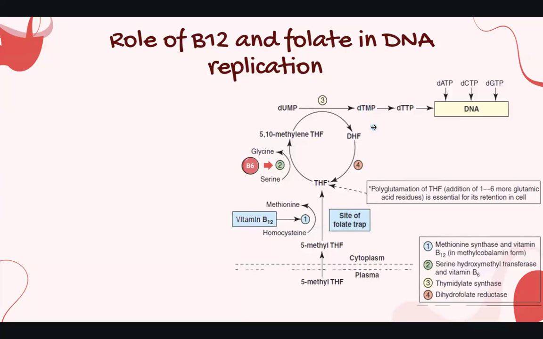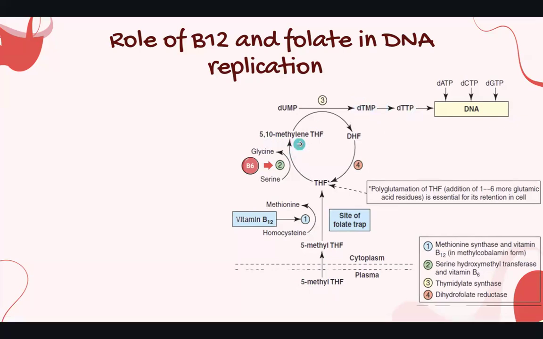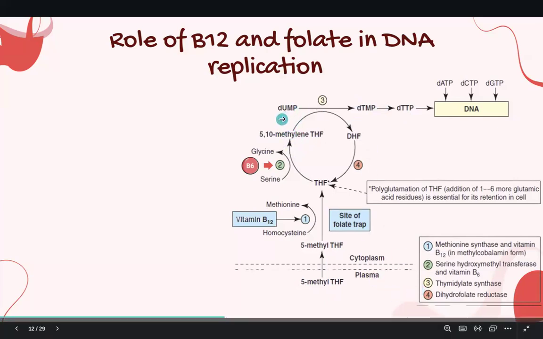Now, we cannot have thymine if this whole process doesn't happen. Basically, we do this whole cycle in order to be able to convert folates or 5-methyl tetrahydrofolate into thymine, okay? So this 5,10-methylene tetrahydrofolate is going to allow thymidylate synthase to convert DUMP to DTMP.